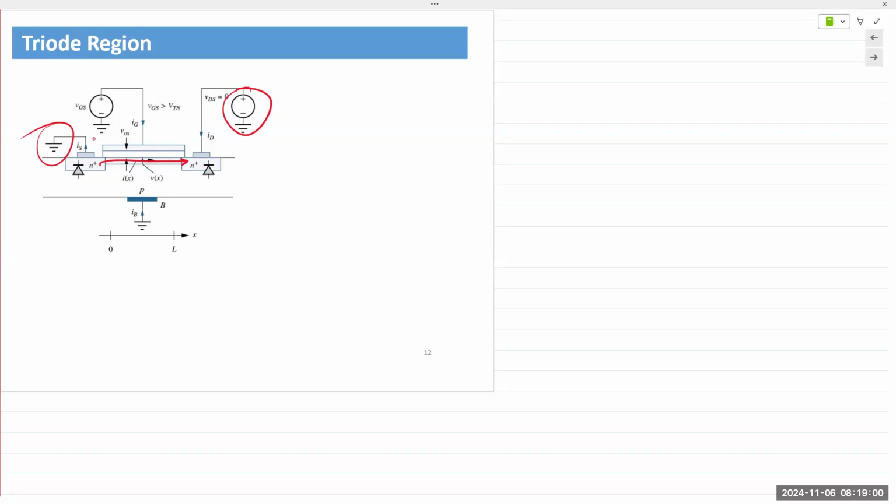Hence the field effect. Make sense? So the N channel permits electrons to flow between the drain and the source.